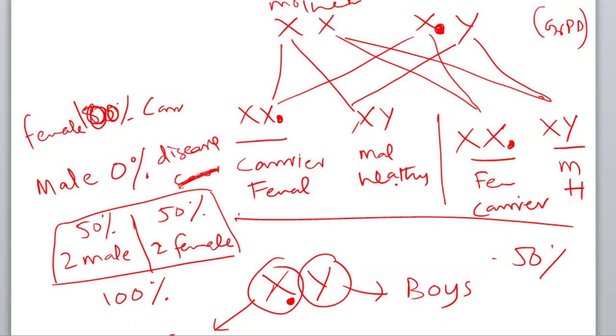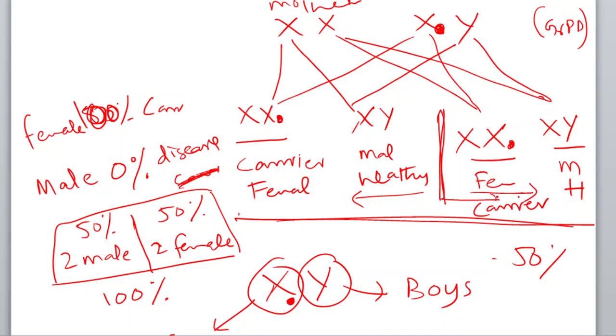And if we only talk about the females, then we will say 100% of the females are carriers. And if we only talk about the males, we will say 100% of the males are healthy, or we will say 0% of the males are diseased. And if we talk about the overall situation, regardless of sex, we can say 50% of the children are carriers and 50% of the children are healthy.